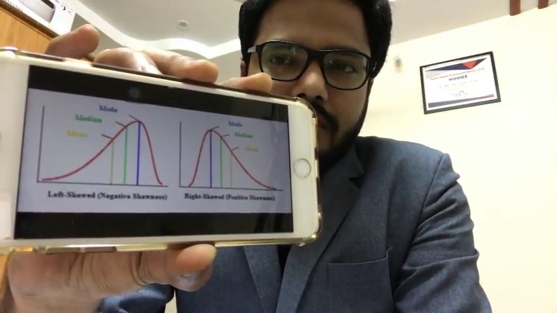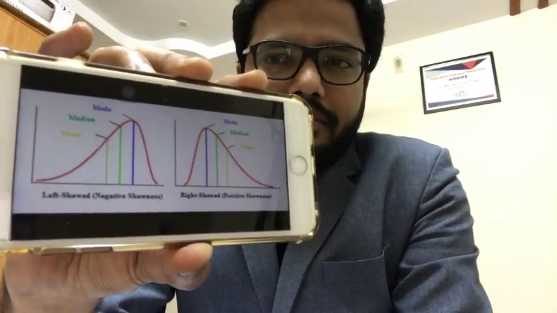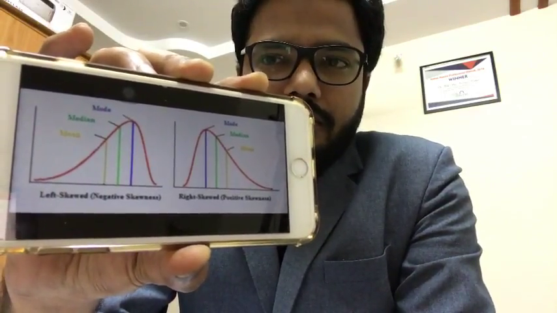So skewness is nothing but lack of symmetry, or presence of asymmetry, right? It is seen because of differences in the values of mean, median and mode. In a normal distribution, mean, median and mode coincide almost at the center, hence there is no skewness, and the normal distribution is symmetrical, right?